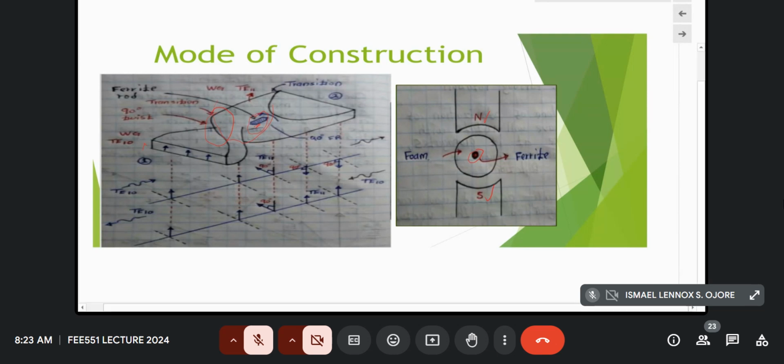One, the polyfoam will provide mechanical support and stability so that this ferrite material doesn't move or keep rotating, because when it rotates, you might cause some impedance mismatch, which will result in reflections that give a power loss to the wave.